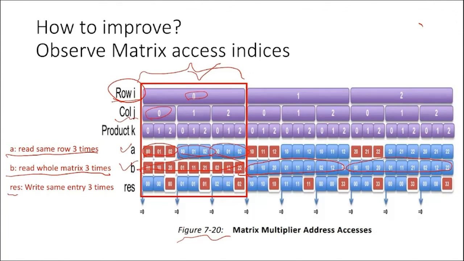And for the resultant matrix, it accesses the same element 3 times in a row I block.